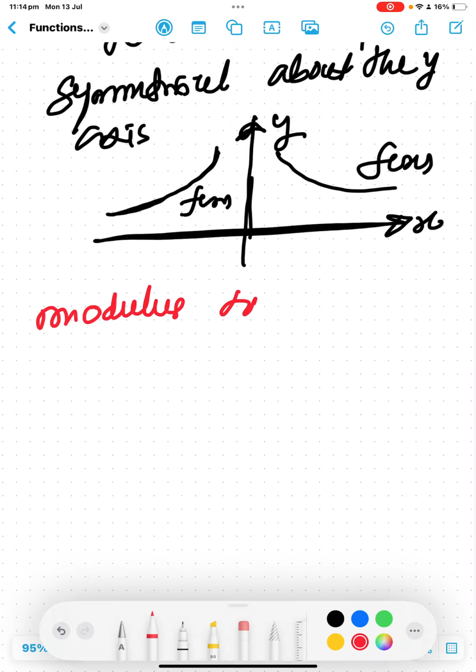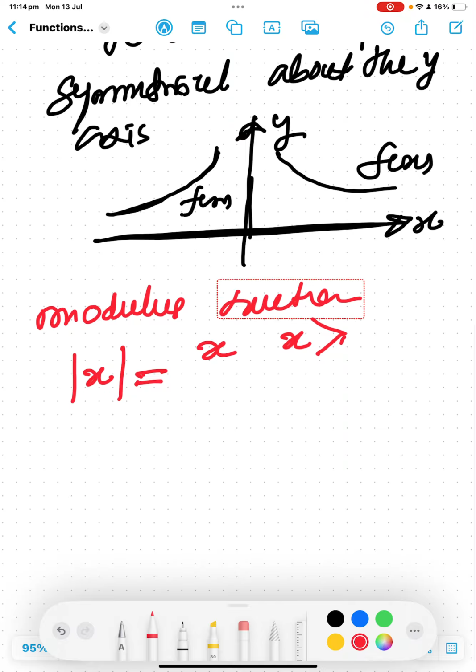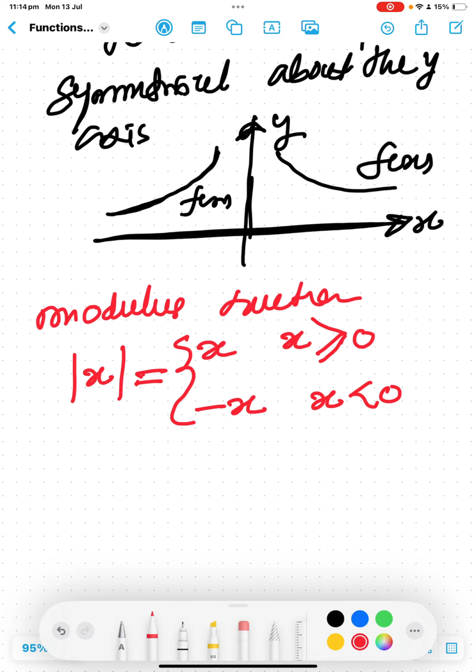Modulus function is defined as: modulus x equals x when x is greater than or equal to 0, or else it would be negative x if x is less than 0. So this is how the modulus is defined.